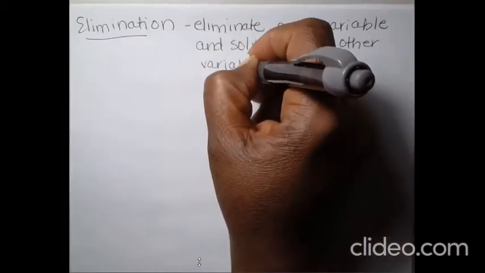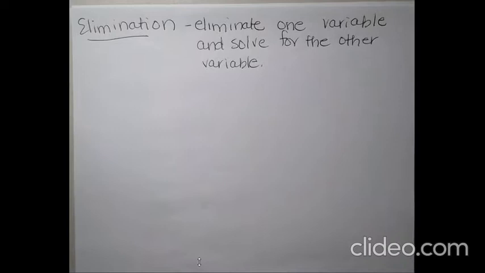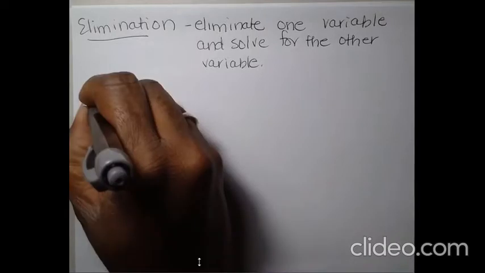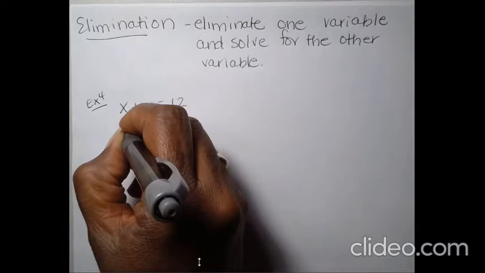Let's look at an example. We have x plus y equals 12 and x minus y equals negative 10. This is equation 1 and equation 2.